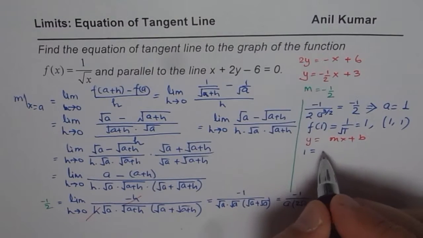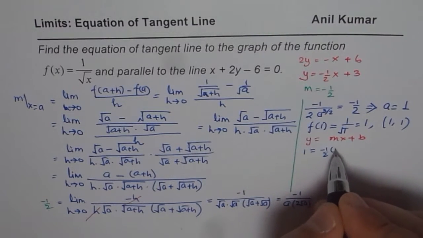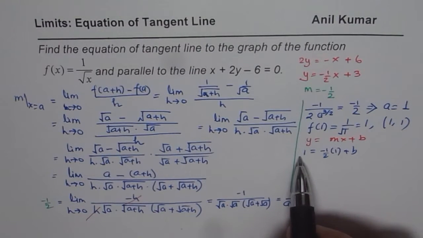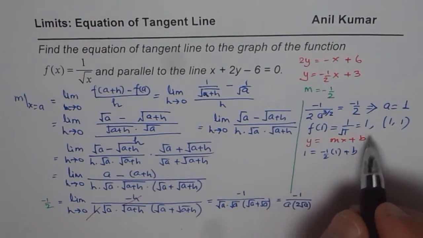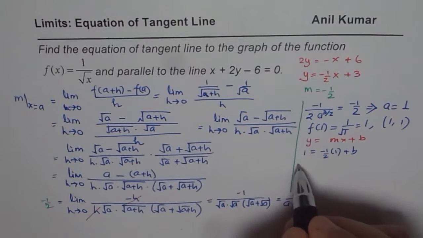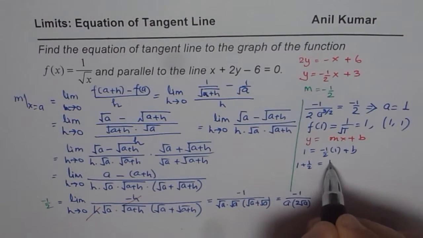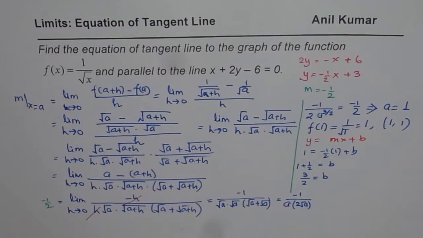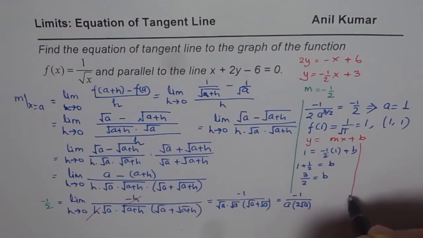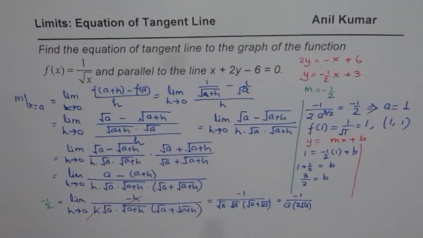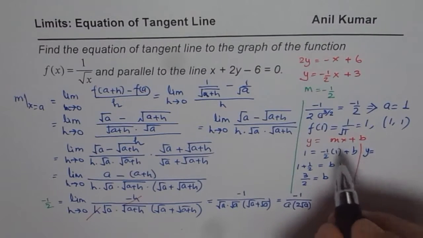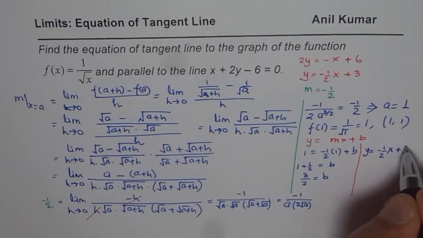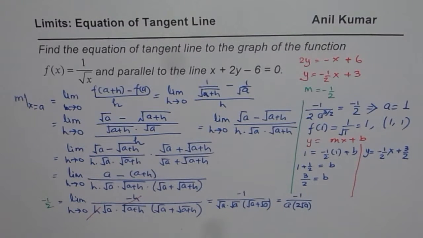So 1 equals minus half times 1 plus b. To find b, we take this to the right side. So 1 plus half equals b, or 3 over 2 is the value of b. So the equation should be y equals minus half x plus 3 over 2. That is the equation of the tangent line.